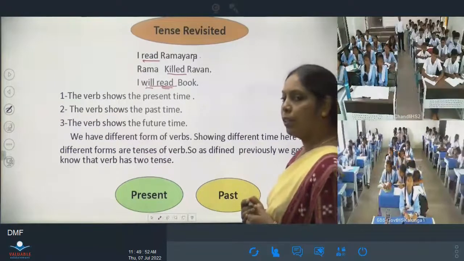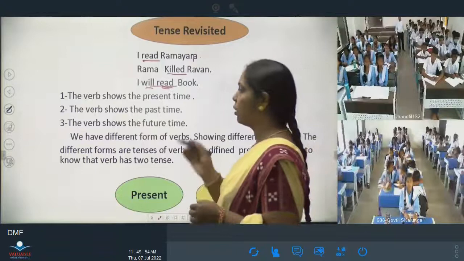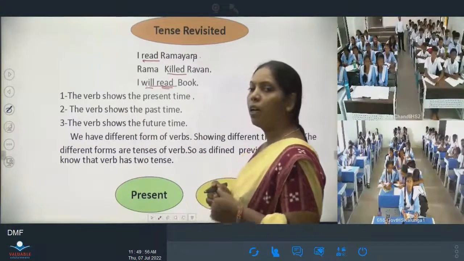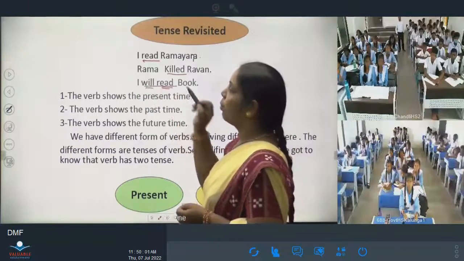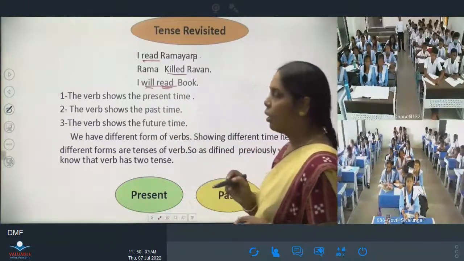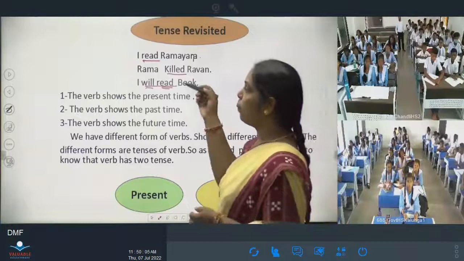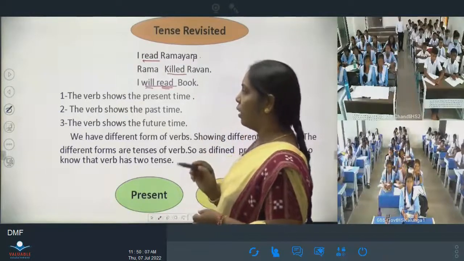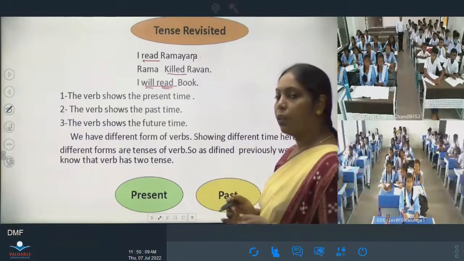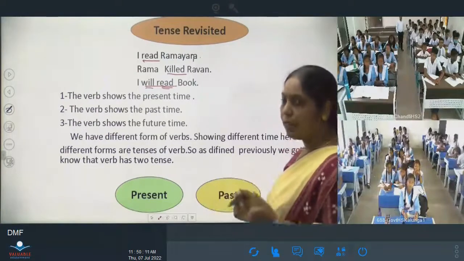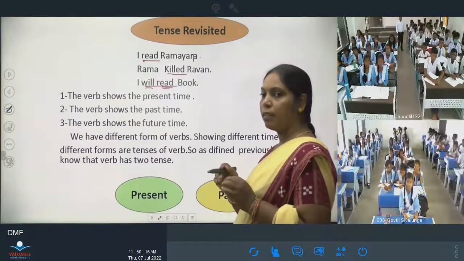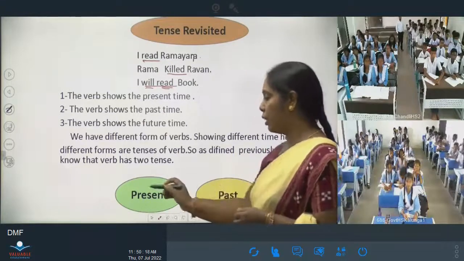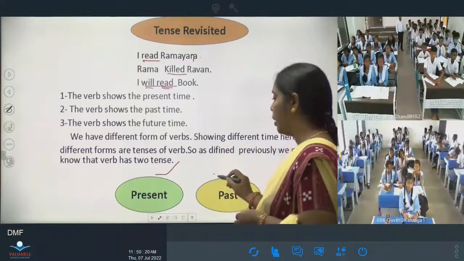No. There is no such verb which shows the future time. With the help of the modal will or shall, we show the future time here. That's why we say there is no future tense, there is future time. So we got to know that tense is of two types, that is present tense and past tense.